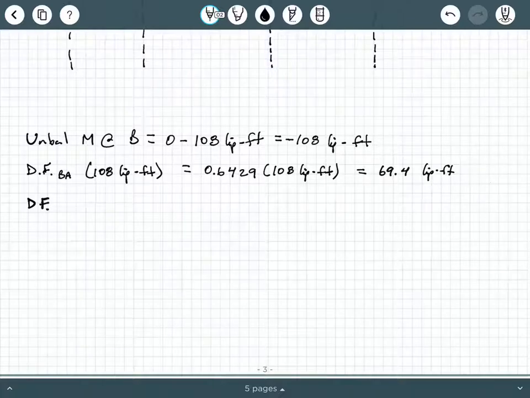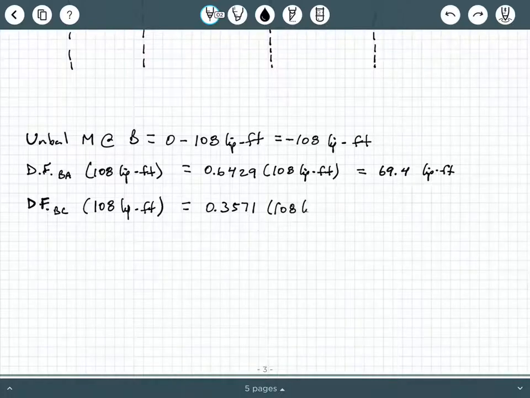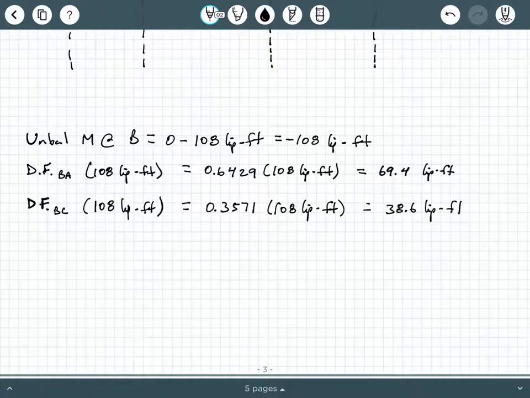And then we're going to have distribution factor BC, because remember we're at B, times the same value, the negative of this value, 108 kip feet. So this is 0.3571 times 108 kip feet, and we get a positive 38.6 kip feet, right?